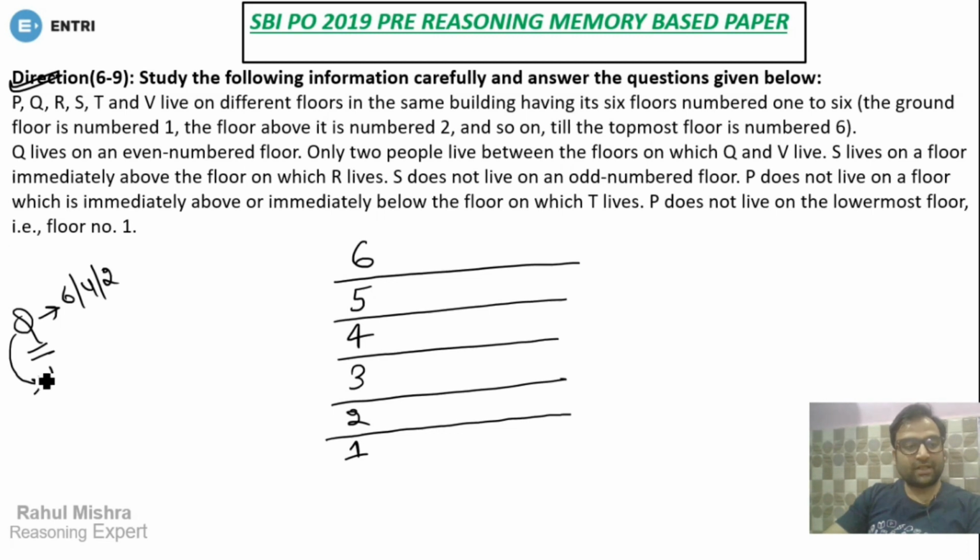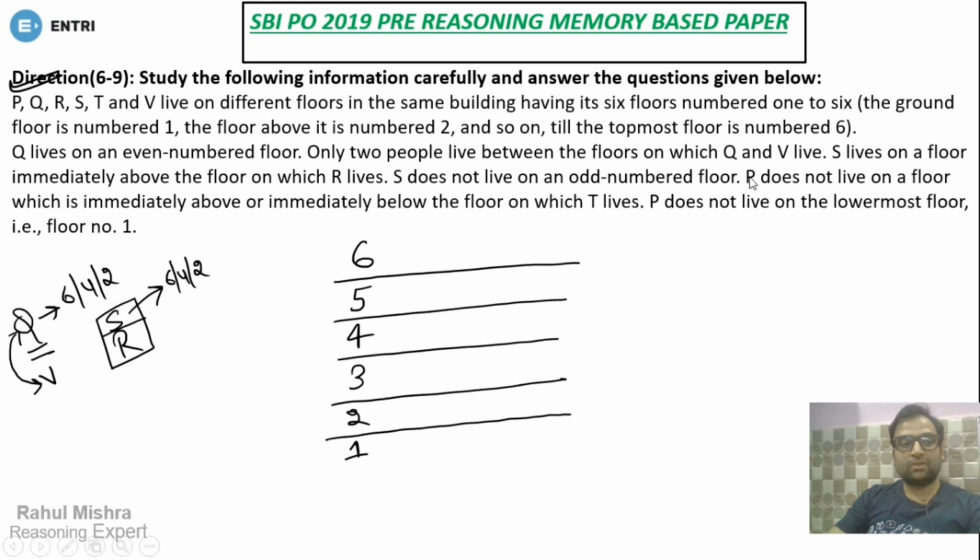So V can go upside to Q, Q can go downside to V. Okay, S lives on the floor which is immediately above the floor on which R lives. So just above R, S is living. They both are immediate neighbors. S does not live on an odd numbered floor, so S should live on an even floor, that is on 6, 4 or second.